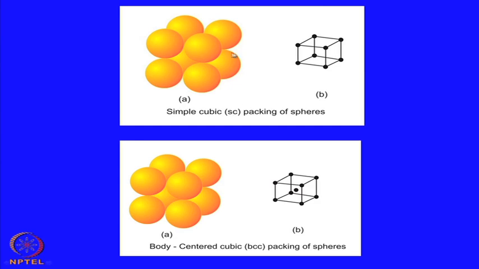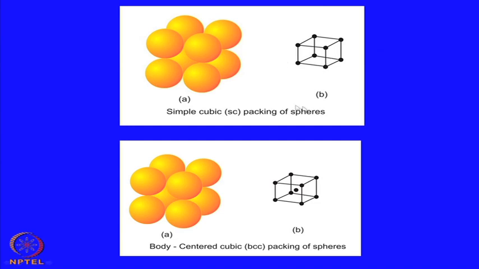So, in some layers they may be touching each other, in others they may not be touching each other. So, they are relatively open structures, but they also have a certain amount of symmetry, and this is another kind of arrangement of atoms in which some compounds may be available.